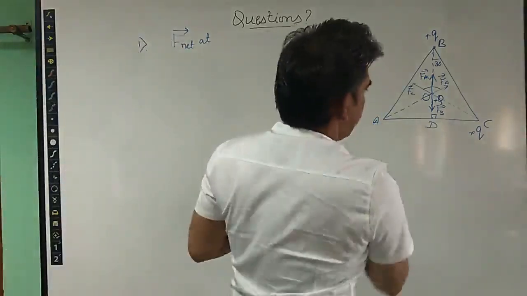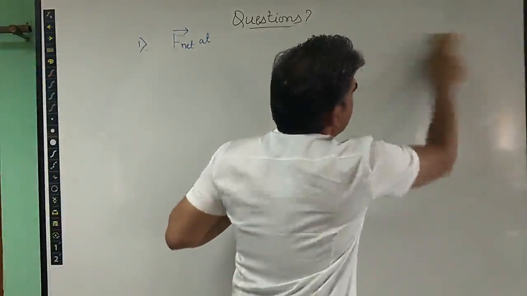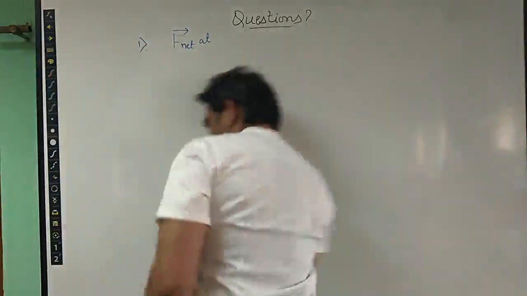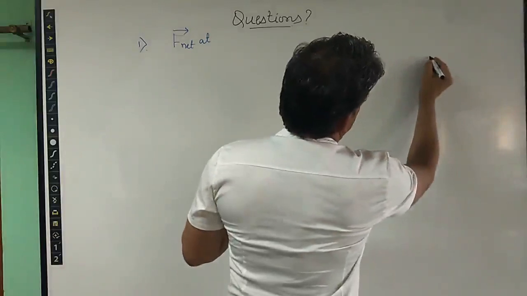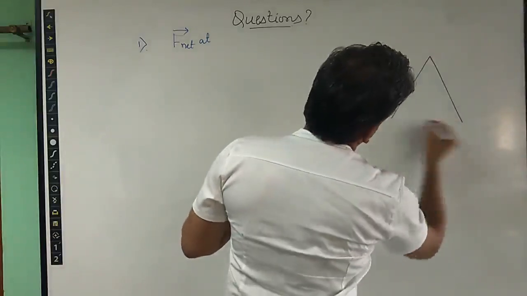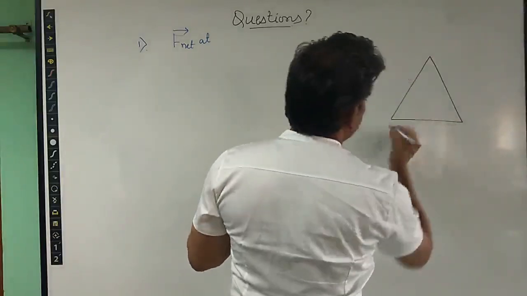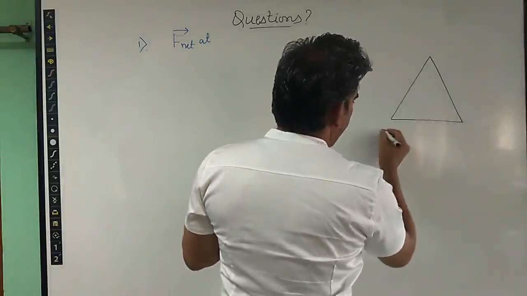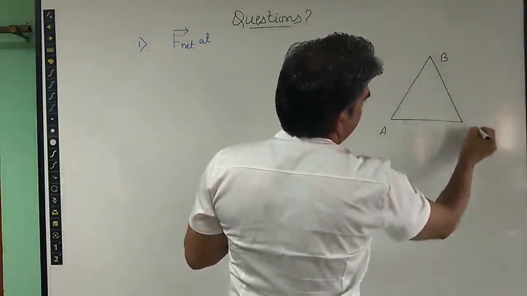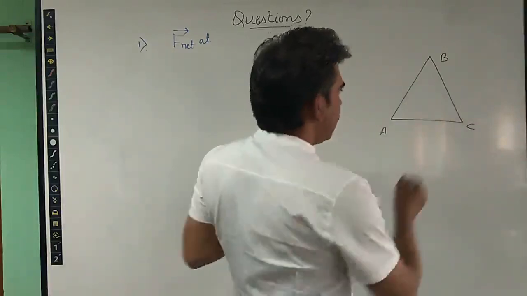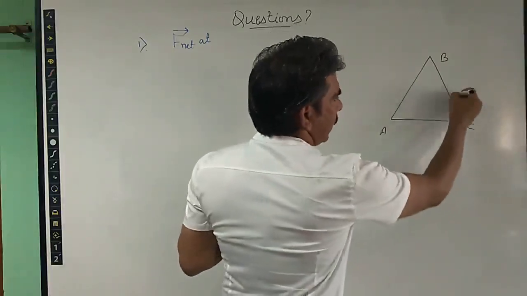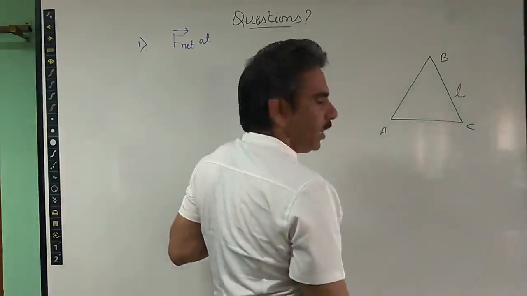So in the next question, again there is an equilateral triangle. I can give it the names A, B, C. Because it is also an equilateral triangle, each and every side and angle will be equal.